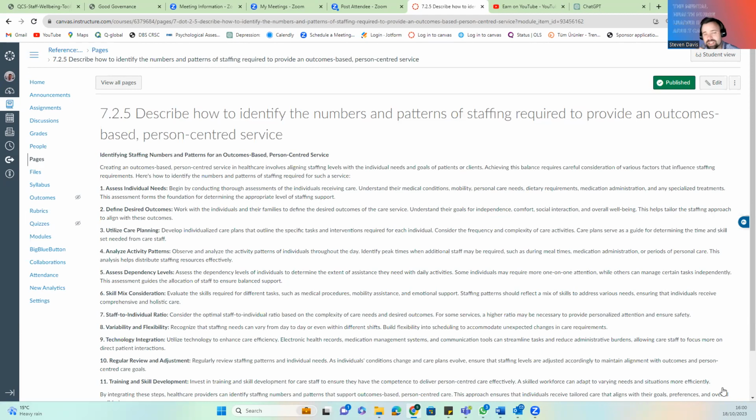2.5, describe how to identify a number of patterns for staff required to provide an outcome-based person-centered care. So this is looking at your staffing levels to meet safe levels of care. Now, this one is a bit tricky because there's lots of different ways on this.